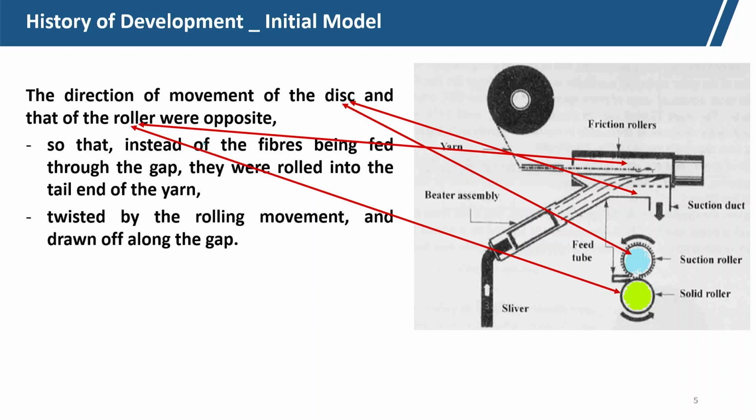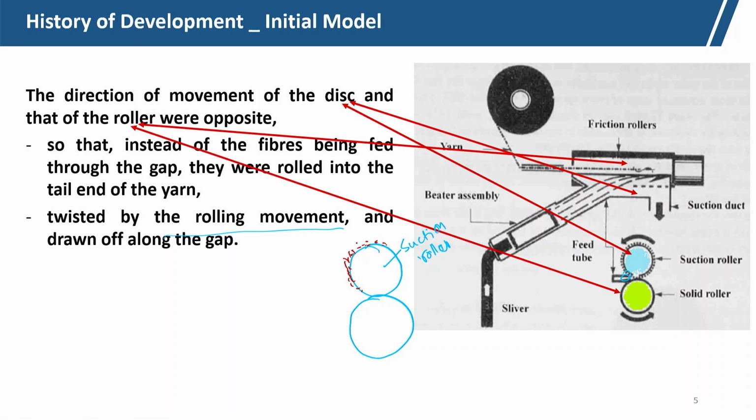Twisted by rolling movement. So, there will be a rolling movement. What happens here: this is the top one, and the bottom one is a perforated suction roller, and now the fibers are coming in this zone.